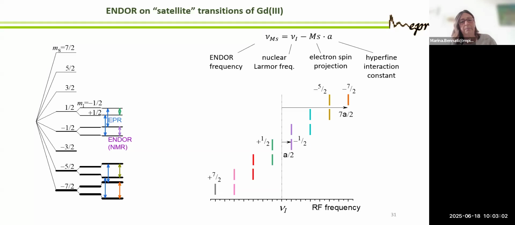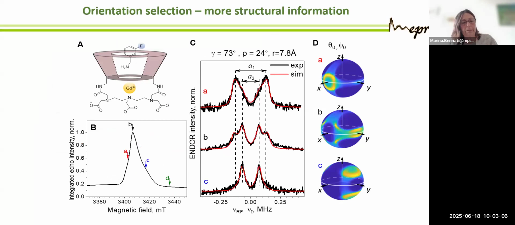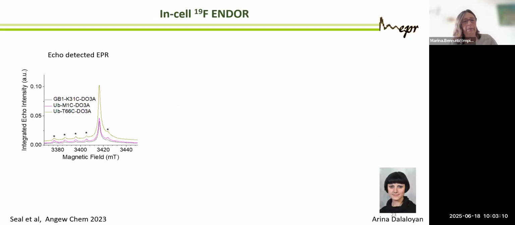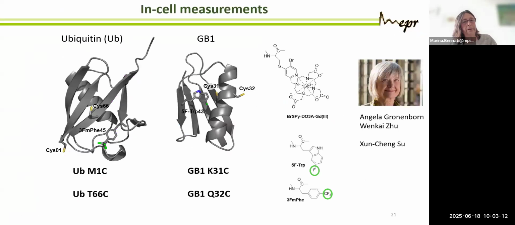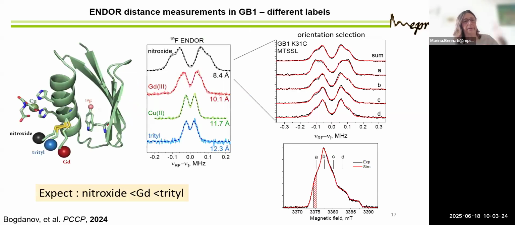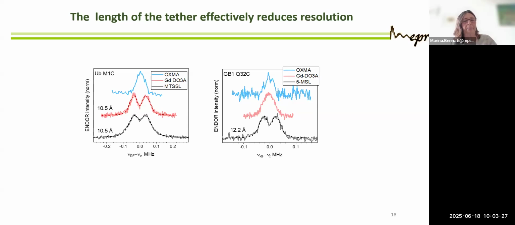You pointed that out, and we also work with Elena, I think Elena is also here, and we looked at the trityl fluorine distances. What makes trityl so much worse? Is that just the tether that's longer?